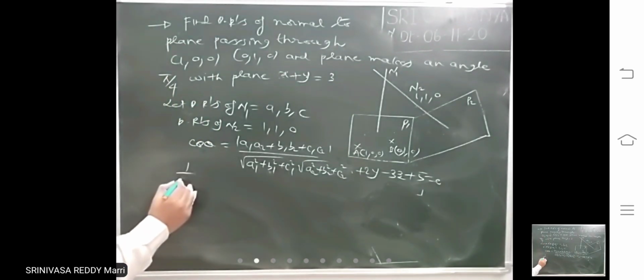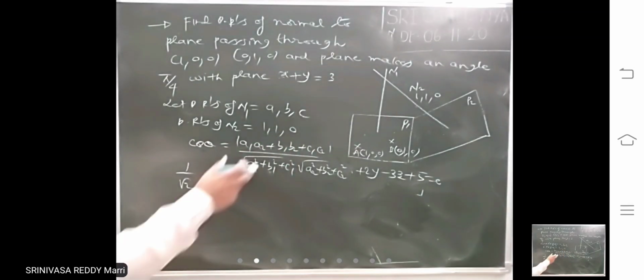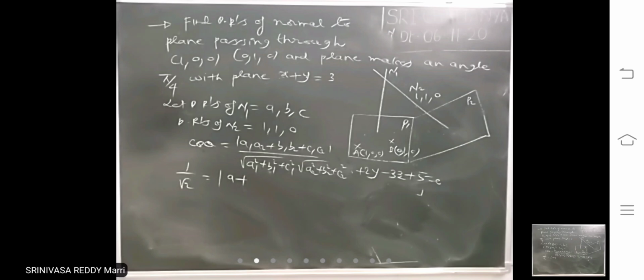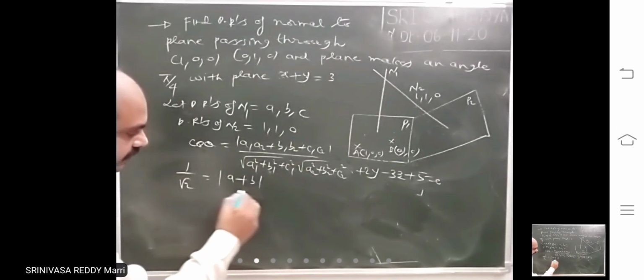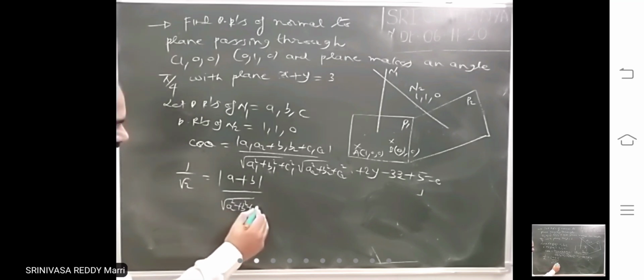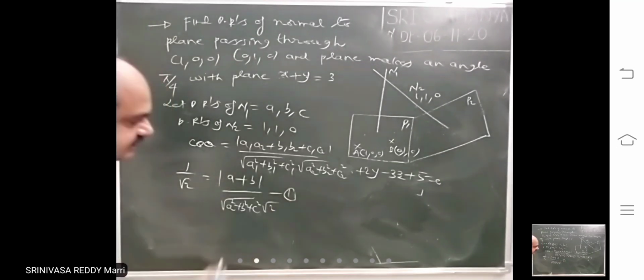So this is pi by 4, 1 by root 2 equals A1 A2 plus B1 B2 plus C1 C2 over the root terms. This plane is not given, so you take A, B, C. That means A plus B divided by root of A square plus B square plus C square into root 2. Let us say this is equation 1. One equation you got, the first equation. Now another equation, look at this.